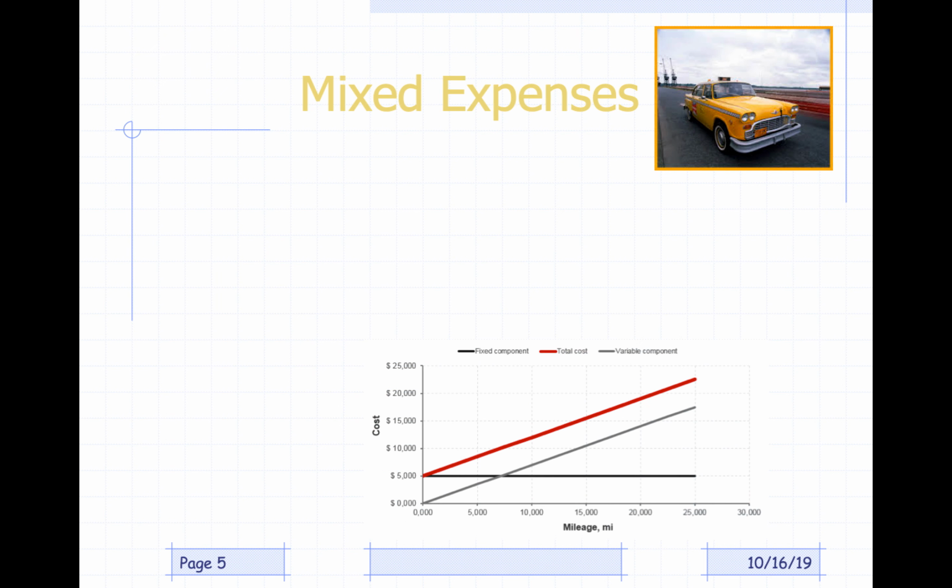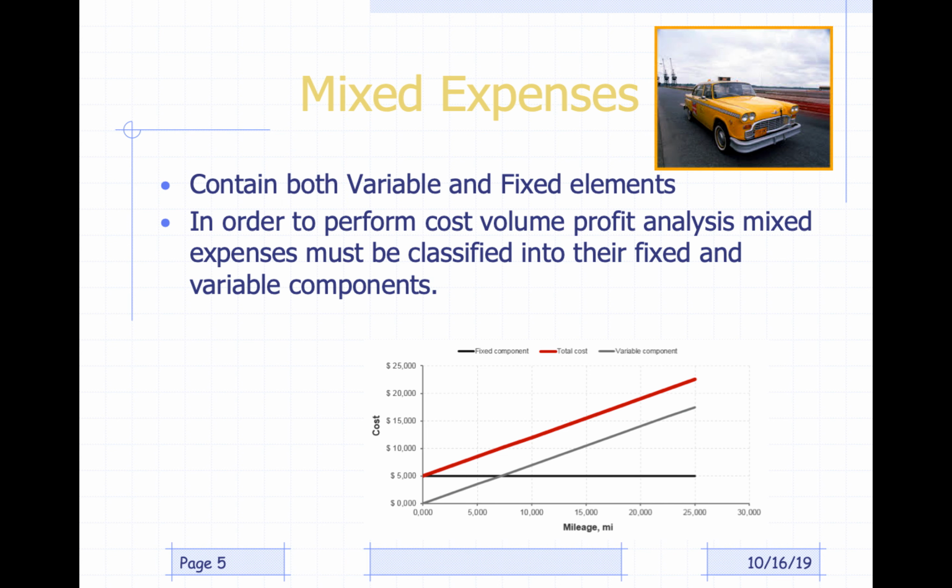Moving on with mixed expenses. Mixed expenses are just a combination of both. You'll often find most things you deal with in life to be a mixed expense. Let's say your cable bill: you get a flat rate every month, but if you add on certain features, you get a mixed expense because you'll have a variable element there.